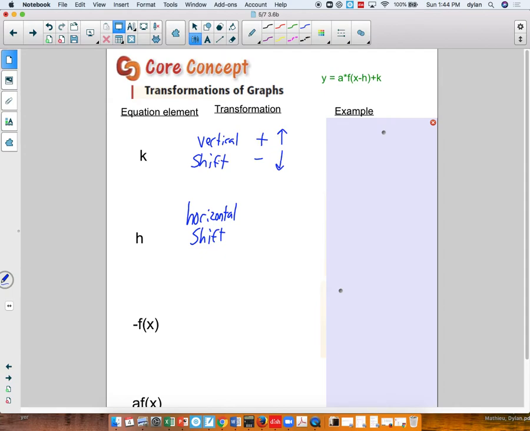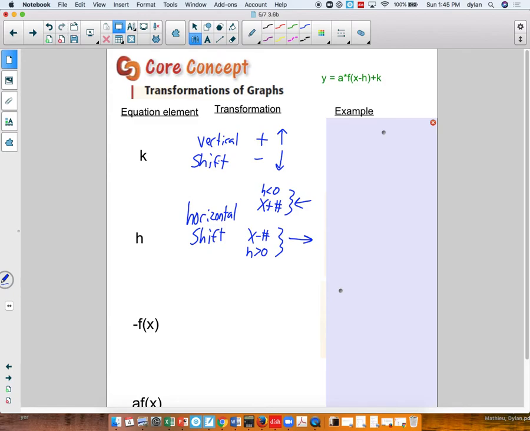When we have x plus a number, or in other words, h is negative, that means that we're going left. If we have x minus a number, which means that h is positive, then we're going to the right. That one can be a little bit counterintuitive for people at times.